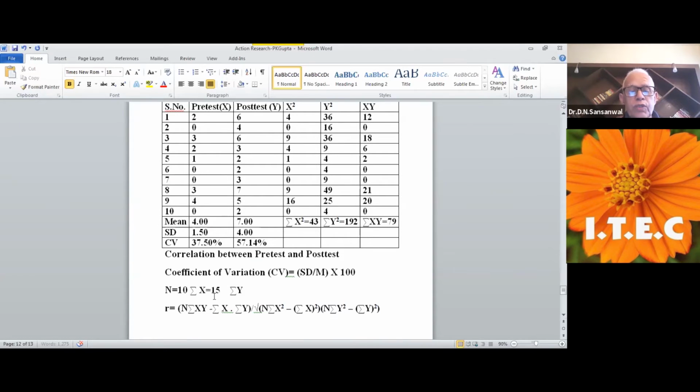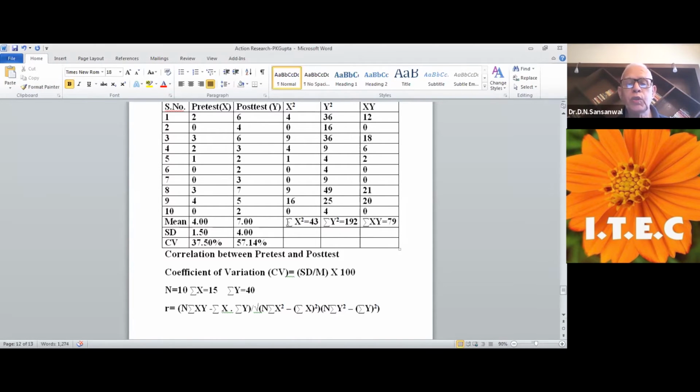So you know sigma x, you know sigma y. Let's say who has done this sigma y. Jamal, is it 40 sigma y? Okay. If it is 40, then it is 40.